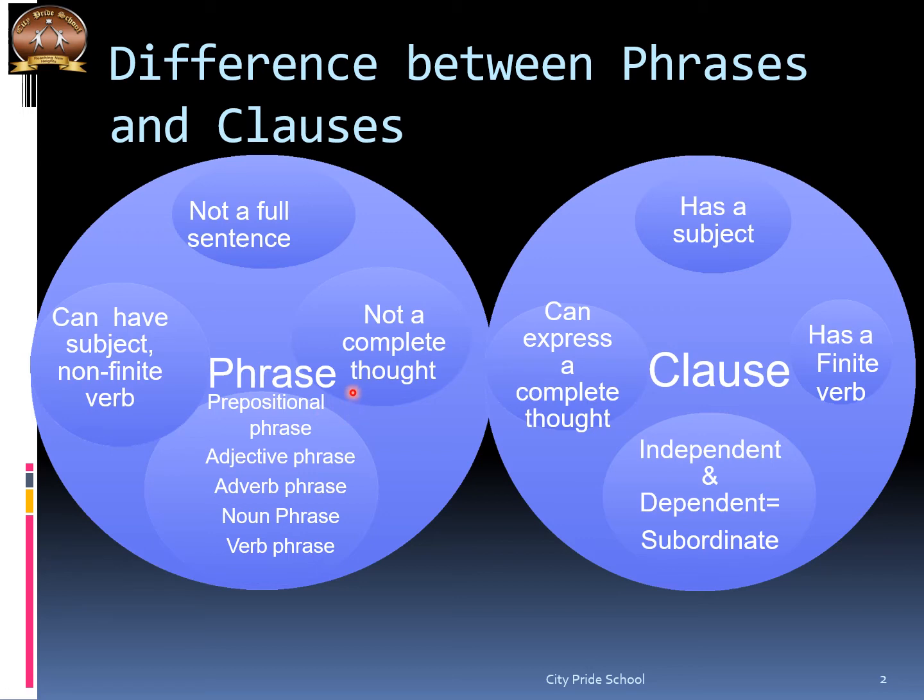And phrases can be a preposition phrase, adjective phrase, adverb phrase, noun phrase, or a verb phrase. A clause has a subject and it has a finite verb, and therefore it can express a complete thought. And we can also say a clause is a complete sentence. Clauses are divided into independent or main clause and dependent or subordinate clause.